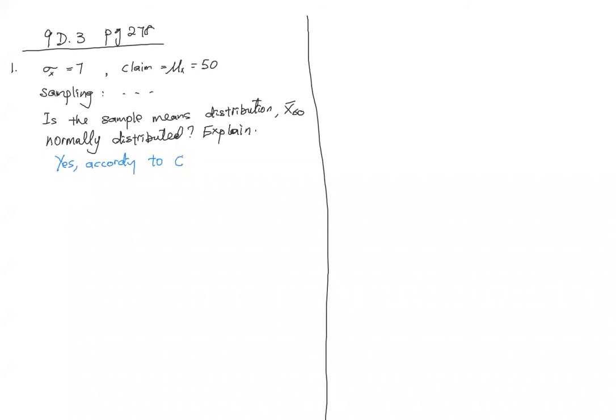Central limit theorem. Then n equals 60, which is more than 30. Yeah. Okay. According to central limit theorem, the n in this case is 60, which is more than 30. So it will be normally distributed. So that is how you explain.